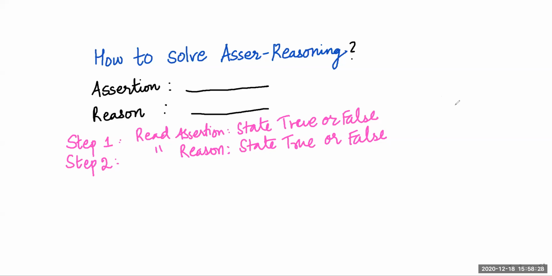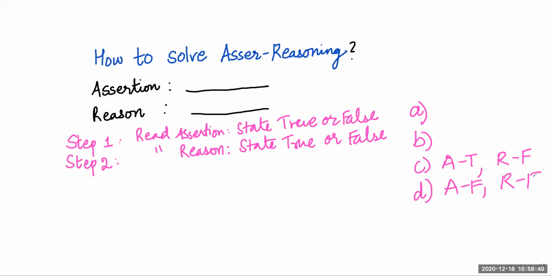Okay. So assertion reason में ऑप्शन ए क्या होता है, ऑप्शन बी, ऑप्शन सी, ऑप्शन डी. ऑप्शन सी पे आते हैं. Assertion is true, reason is false, or assertion is false, reason is also false.